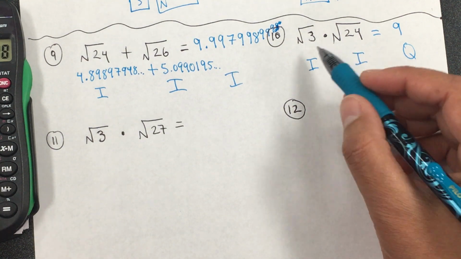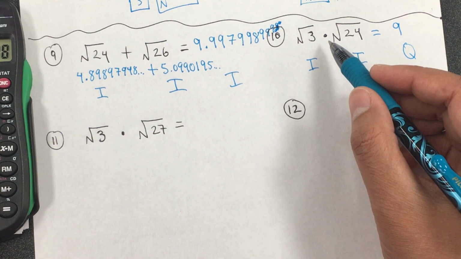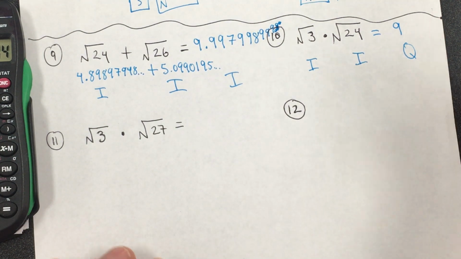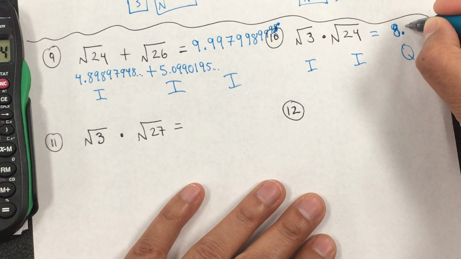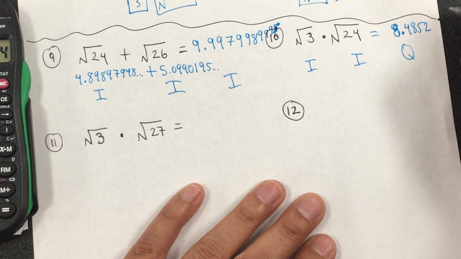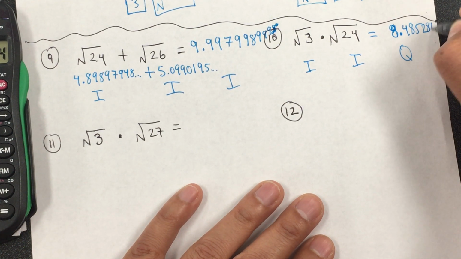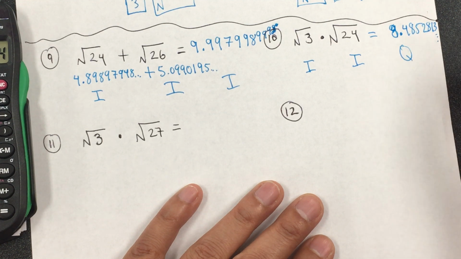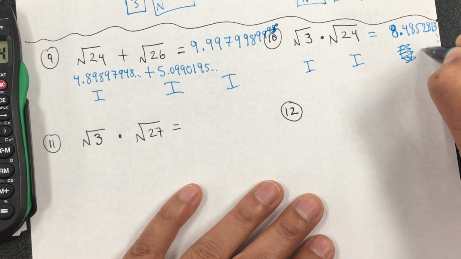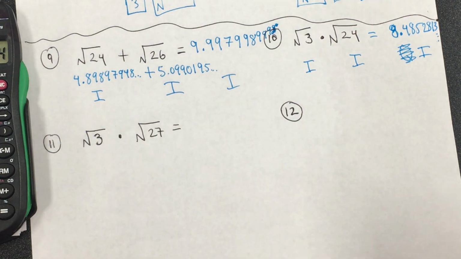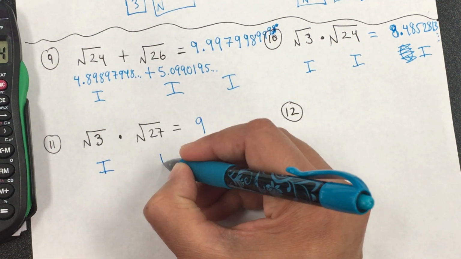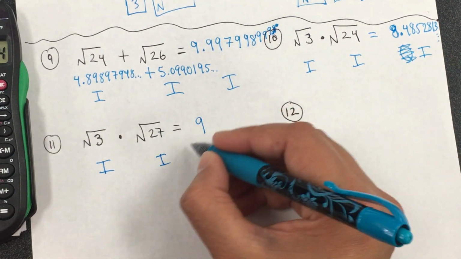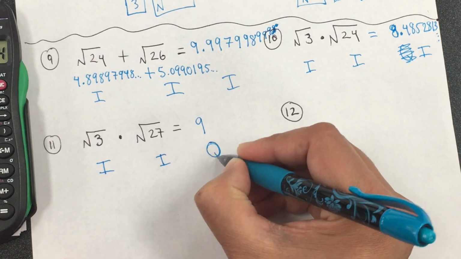The square root of 3 times the square root of 24 equals 8.4485281, etc. So no, that's irrational actually. And that serves well because then this is 9, and so this is the same, irrational. This is irrational, but then the answer is actually a rational answer.